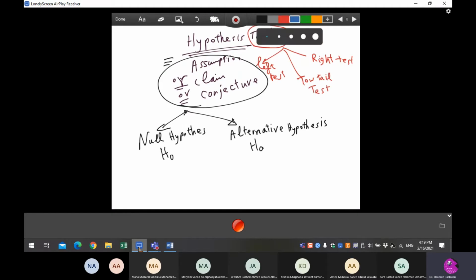This depends on what? It depends on your alternative hypothesis, what they call HA, the A from the word alternative. So if you have less than, you will go for the left. Two tail if you have not equal. Right if you have greater than.